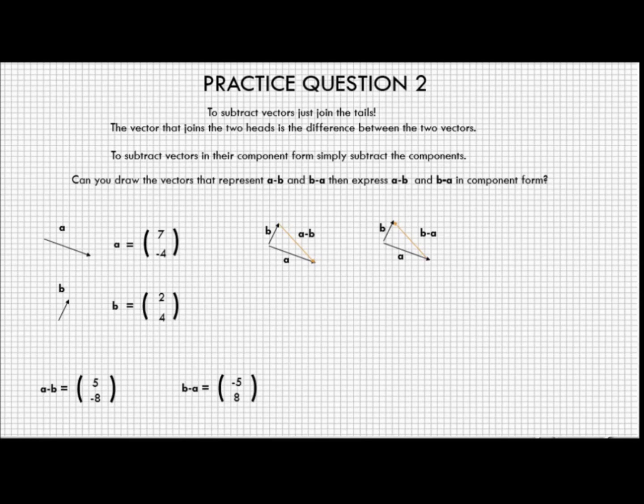And for B minus A, well, the x component, that is to say the top number, is 2 minus 7, which is negative 5, and the y component, the bottom number, is 4 minus negative 4, and subtracting a negative is the same as adding, so that's going to be positive 8. Again, as you can see, the magnitude of the two vectors is the same, but the direction is opposite. So the numbers are the same, but the sign is opposite.